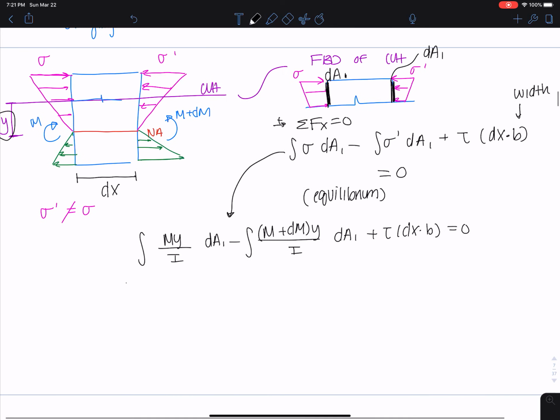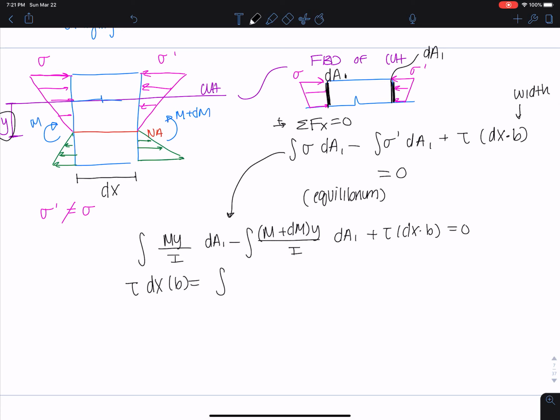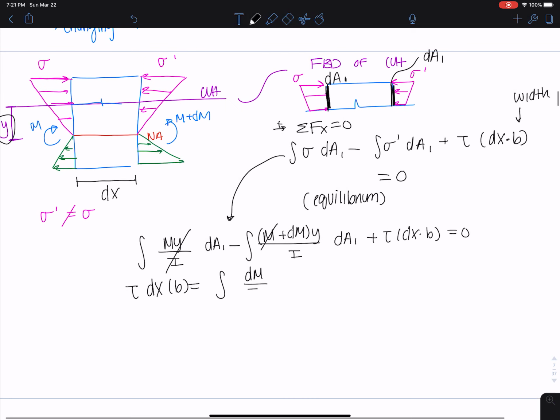Okay, and then tau dx times b is equal to, because these M's cancel out, we're just left with dM over I y dA1.